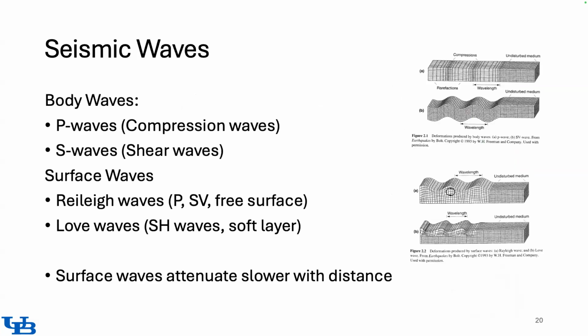Okay, then for the seismic waves, the primary waves that we have are the body waves. Those are the waves that are traveling through the bulk of the crust, and we distinguish them into P waves, which are waves that are generated by compression and extension, and S waves where the sense of movement is shear.